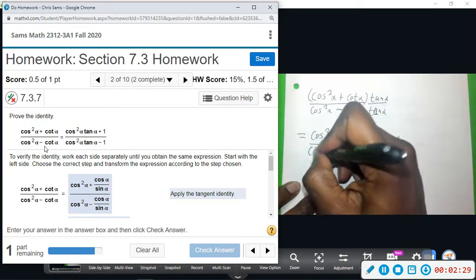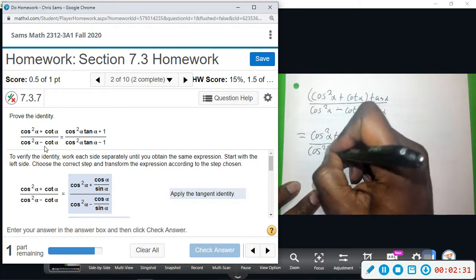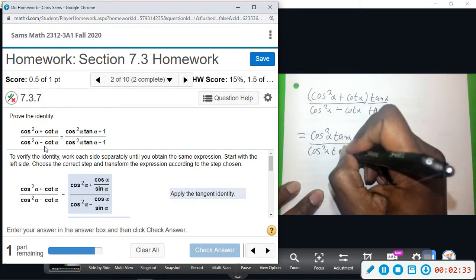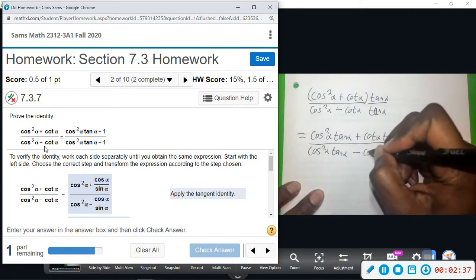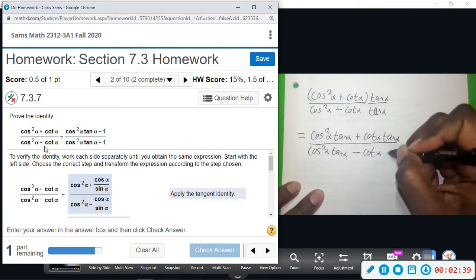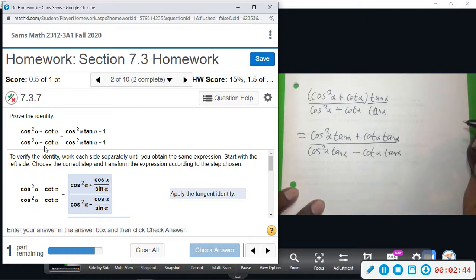We have cosine squared alpha tan alpha minus cotangent alpha times tan of alpha. So this left hand side matches now. We just need to let this equal 1 somehow.